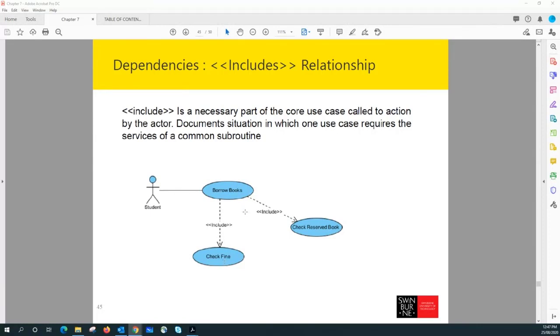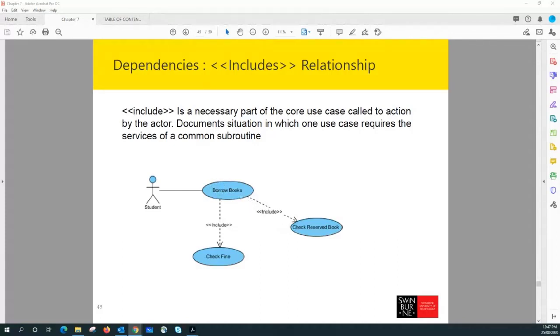So what do you mean by taking services from the other use case? Probably when you design an application, in your screen you may have some buttons that you design, that we can go and check whether that particular book has been reserved, or whether I have any fines, right? So that means these are two other use cases in our system which provide some services to the concerned use case, right?